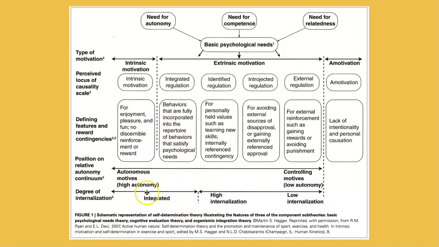And is it integrated within them and internalized, or is it something that's really dependent on an outside structure? And as you can see at the very top here, the need for autonomy, competence, and relatedness all go into these basic psychological needs that feed down into motivation. So that's a super summary, non-expert run-through of self-determination theory.